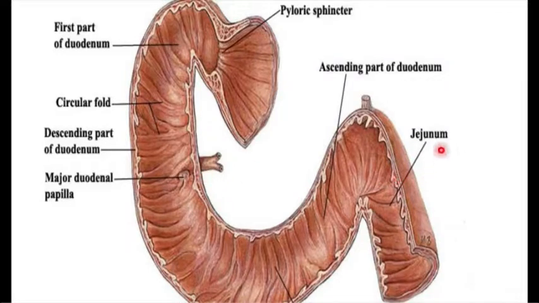The jejunum is the middle portion of the small intestine and is 2 meters in length, and the ileum is the third part, 3 meters in length, and it ends in the ileocecal valve that prevents food material from flowing from the ileum to the cecum.